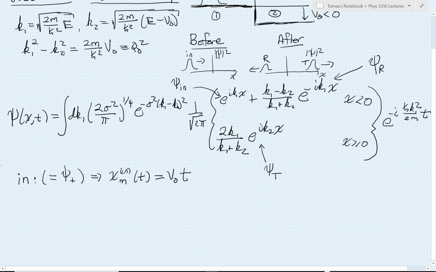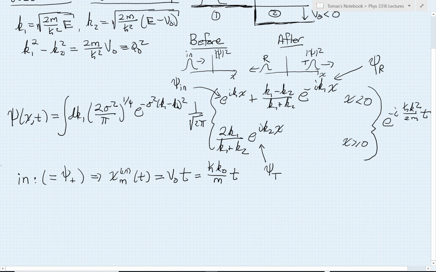And in case you forgot what v naught was, it's just the incoming momentum, h bar k naught, where all of my k1 components are peaked right around k naught. H bar k naught is the incoming momentum, divided by the particle mass, then is the incoming velocity, times t.